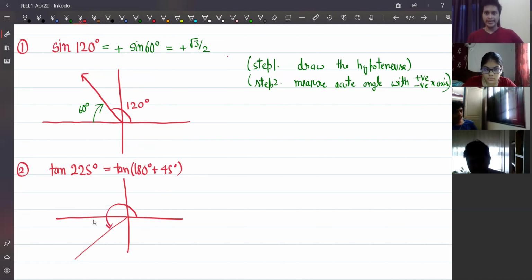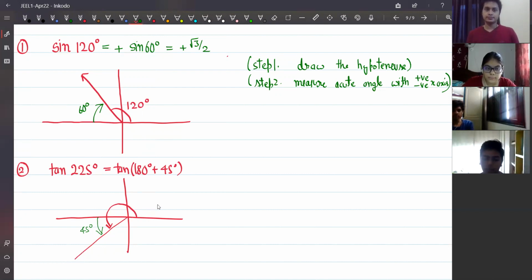If I talk about the acute angle with the x-axis, the acute angle with the x-axis is 45 degree. Don't worry about clockwise or anti-clockwise, just the acute angle with the x-axis. So once you measure it, just write this as tan 45. Is it positive or negative? Tan is positive in the third quadrant. I'll just write plus tan 45. That gives me 1.